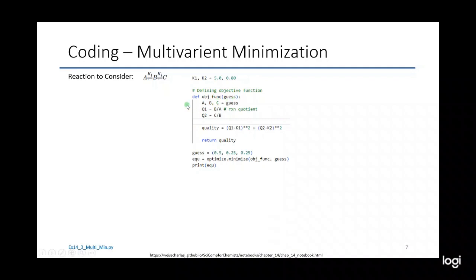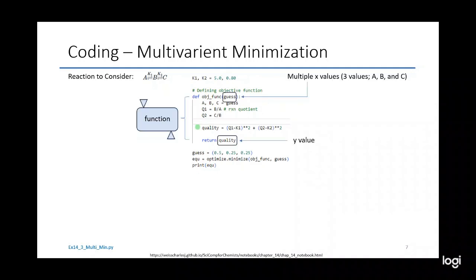If we look at the line below, we can see that the variable guess is an array containing three input values. These represent the initial concentrations of isomers A, B, and C in moles per liter. Based on these concentrations, the reaction quotients Q1 and Q2 are calculated within the function. The quality of the isomer mixture is then determined by how closely the reaction quotients match the equilibrium values.